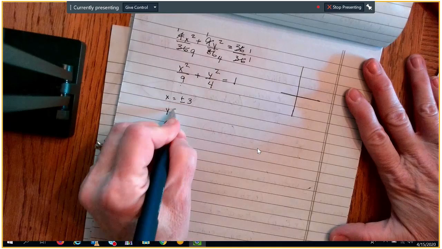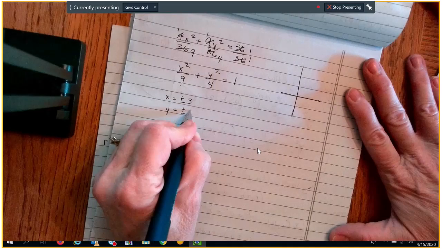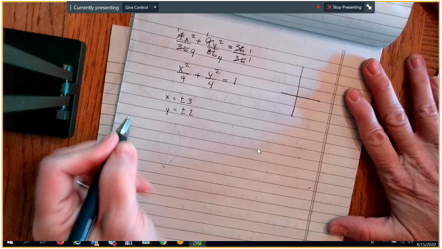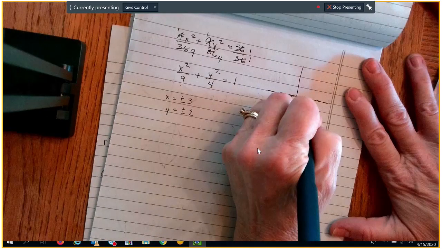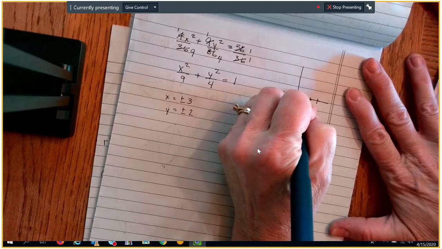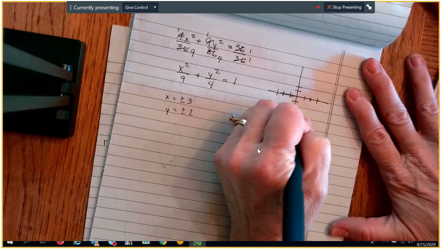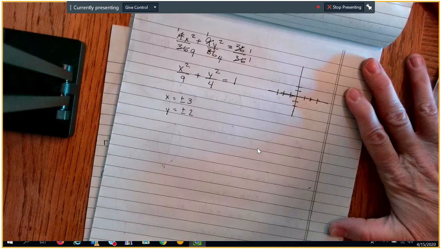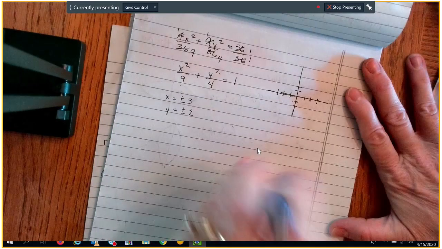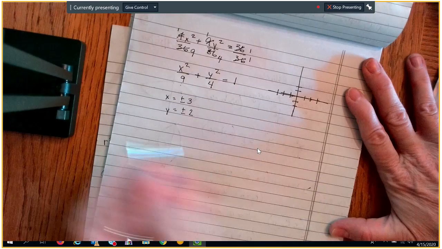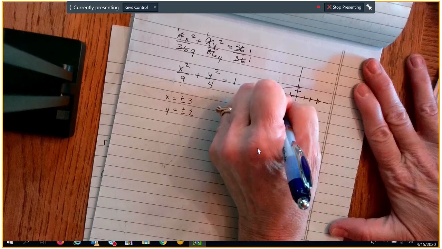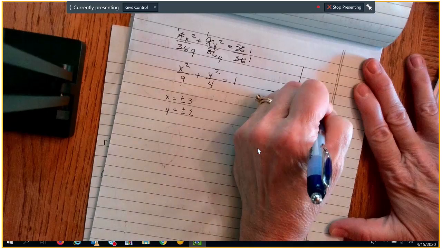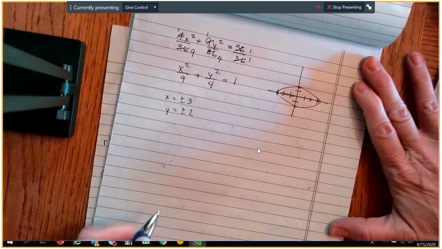My y values are going to be plus or minus 2. So if I plot this, I'm going to go 1, 2, 3, 1, 2, 3, 1, 2, 1, 2. And so I've got plus or minus 3, plus or minus 2, and so this is my ellipse that I've drawn.